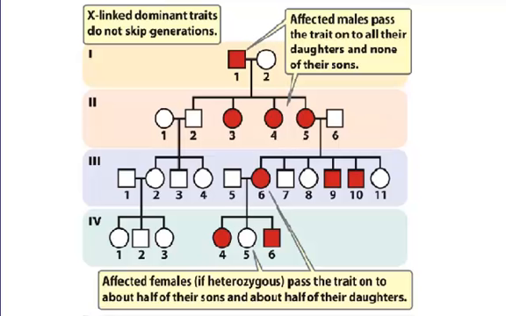Now, when you have an X-linked dominant trait, so this is linked on the X chromosome, it looks pretty much like the autosomal dominant trait, and the difference is that it's not going to skip generations, and usually if a person does not inherit the gene, it's never going to show up again.